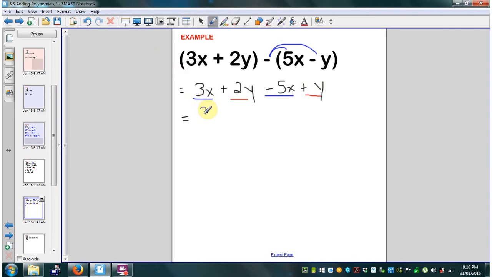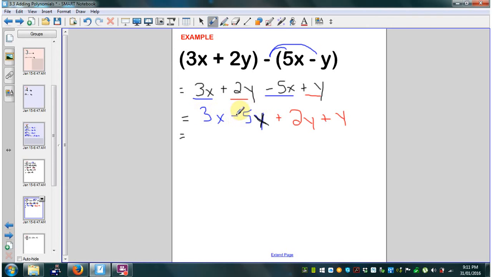So we have 3x minus 5y plus 2y plus y. So this equals, so 3x minus 5, whoops, that is an x. Change that in your notes, guys. That's this term here.